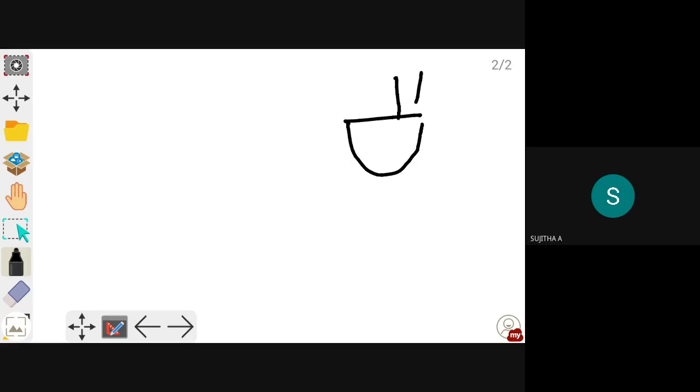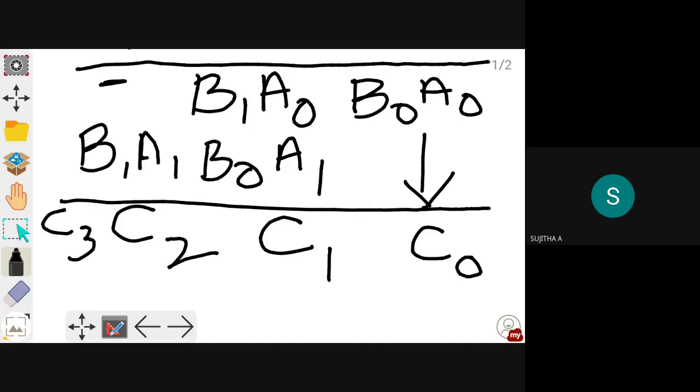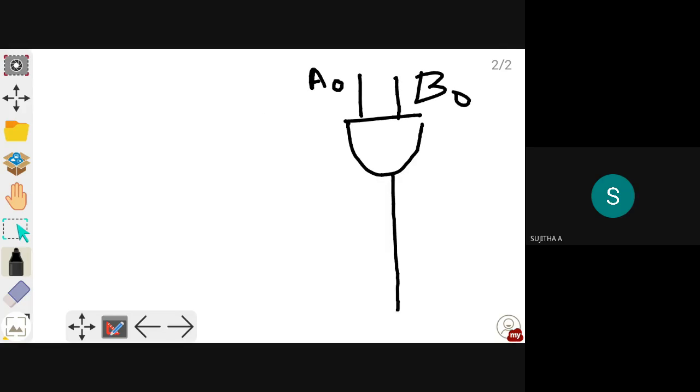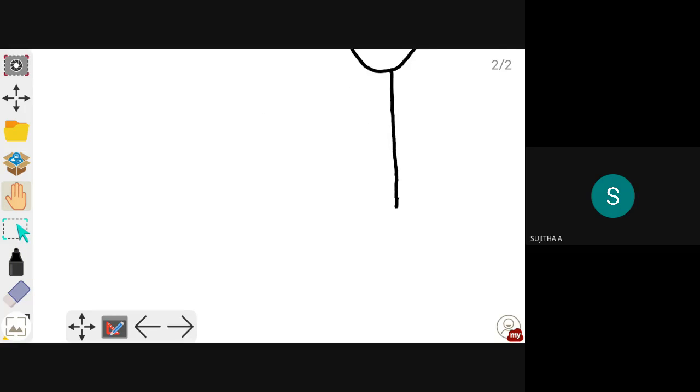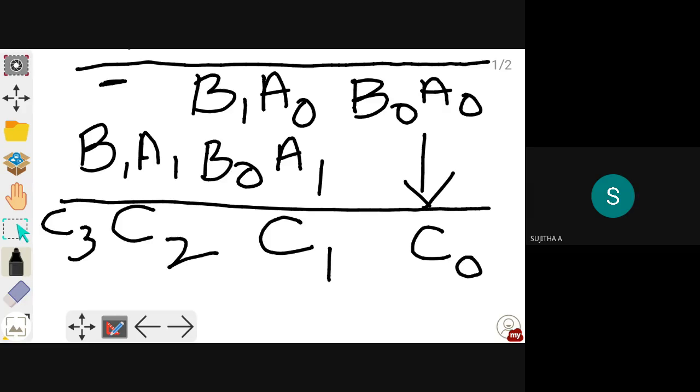A0 B0, the output of the AND gate, should not be added with anything. It is just the output C0.